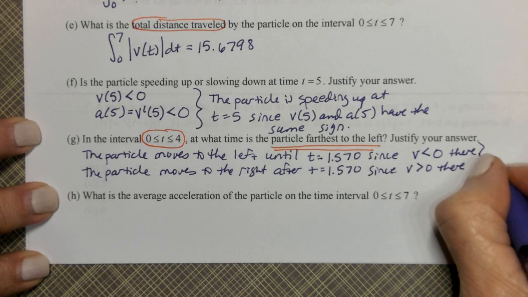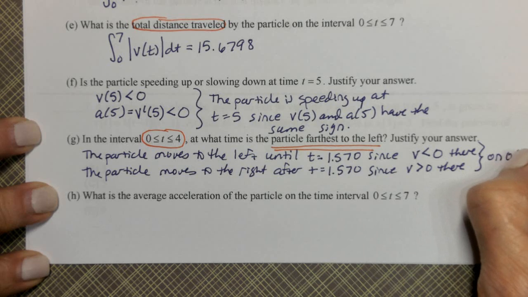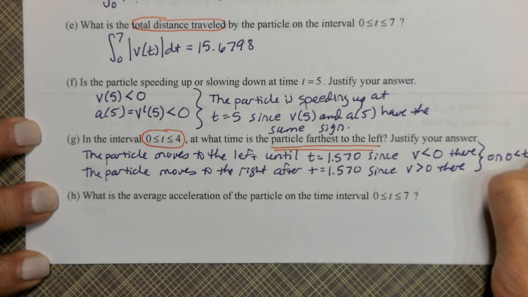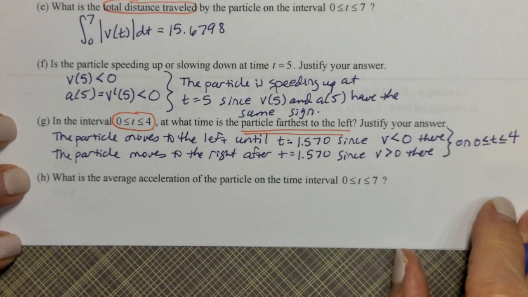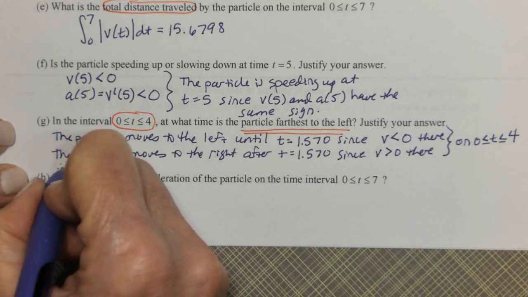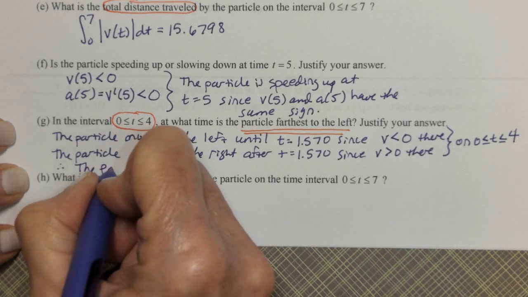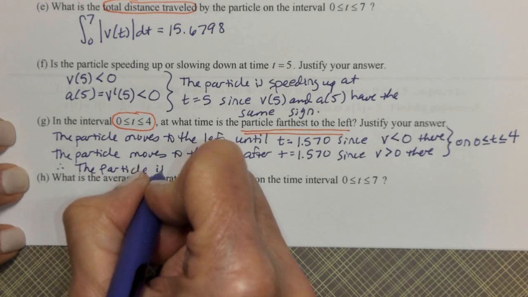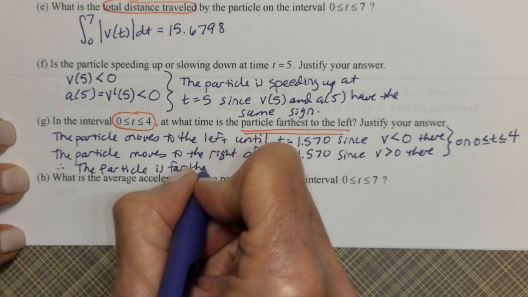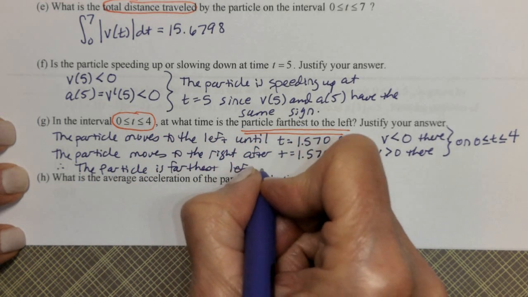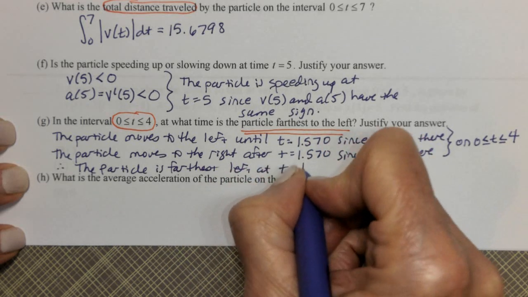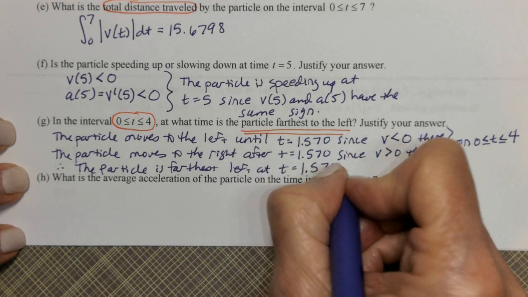I might want to clarify on 0 to 4. Okay? Therefore, the particle is farthest left at t equals 1.570.